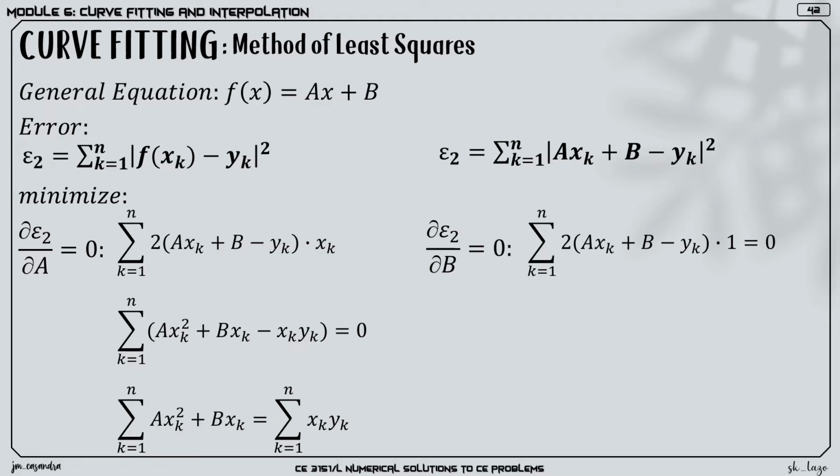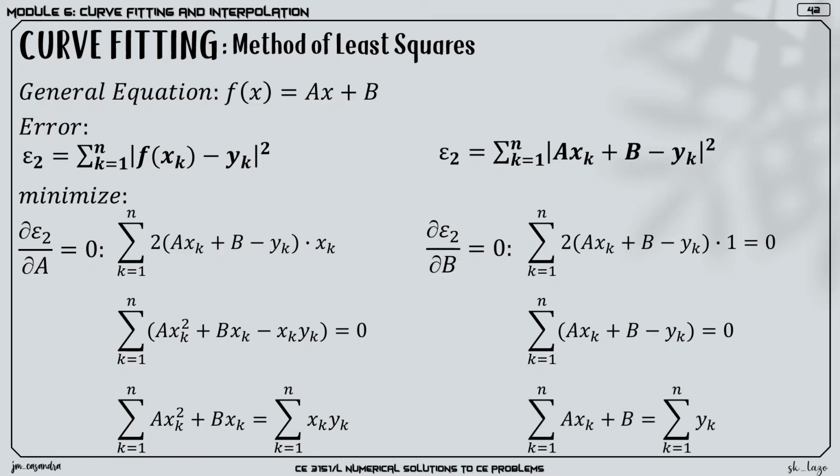Simplifying, we arrive at the sum of a x sub k plus b minus y sub k. We simplify further by distributing the summation to a x sub k plus b and y sub k, arriving at the equivalence between the sum of a x sub k plus b and the sum of y sub k.